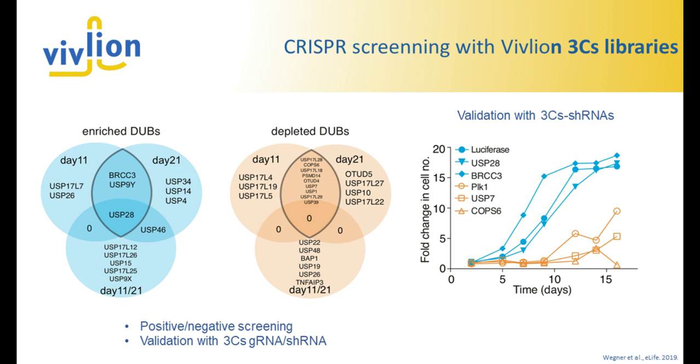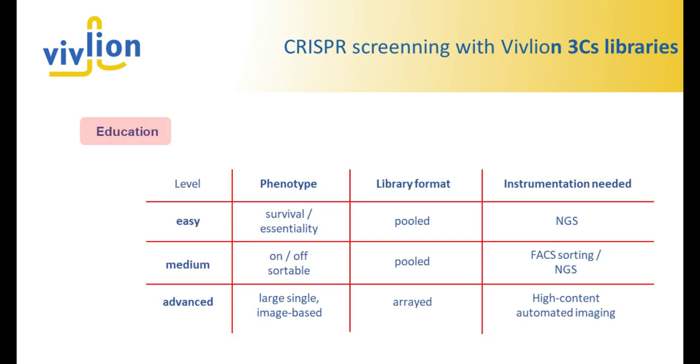So what this now enables us basically to do is positive and negative screening, and of course we can use the technology to generate the shRNA or gRNA validation reagents. To sum this real quick up, of course, on an educational purpose, there are different levels in terms of what is needed, what equipment is needed, and what the size of these experiments are.